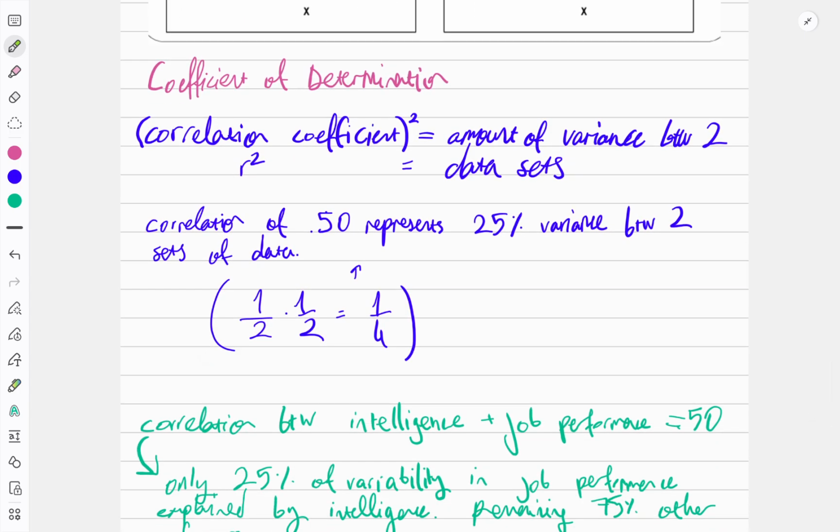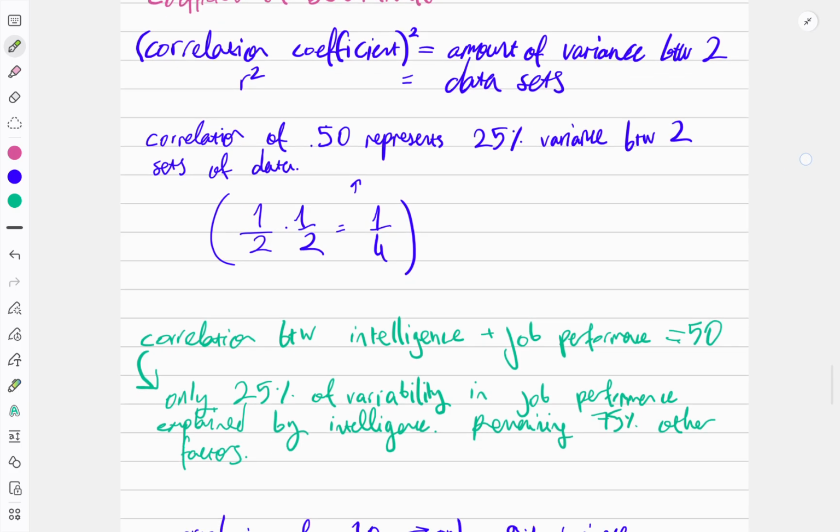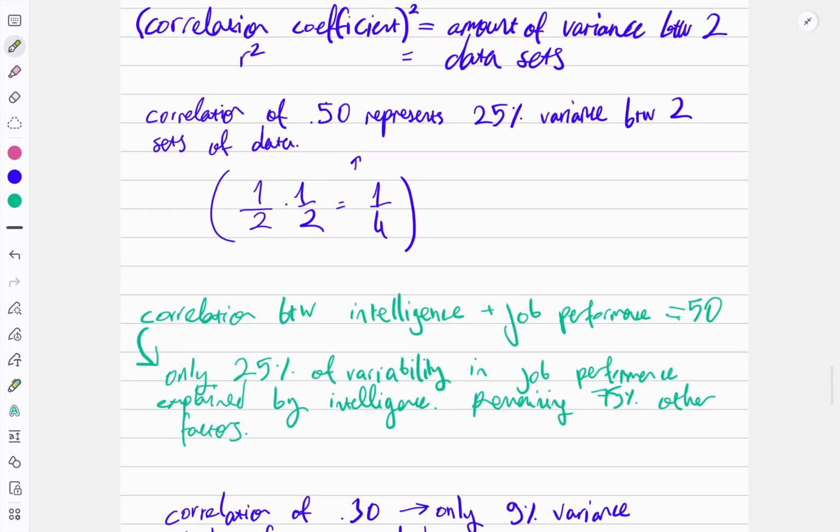The coefficient of determination is the square of the correlation coefficient, and it shows the amount of variance shared between two data sets, basically. A correlation of 0.50 represents only 25% variance between two sets of data.